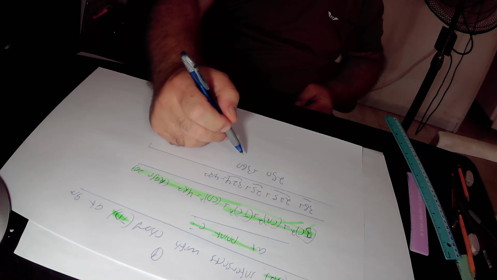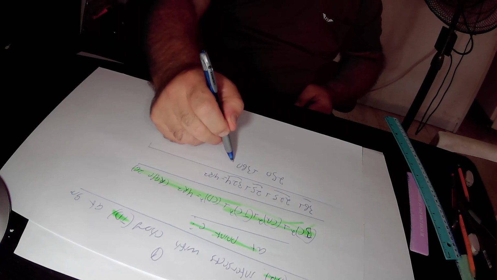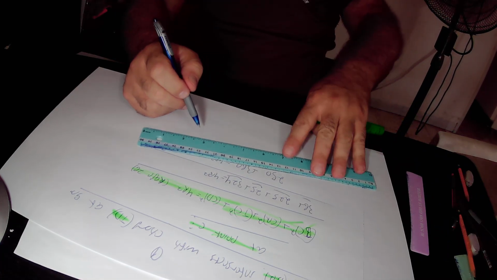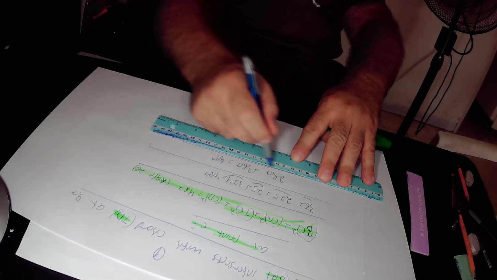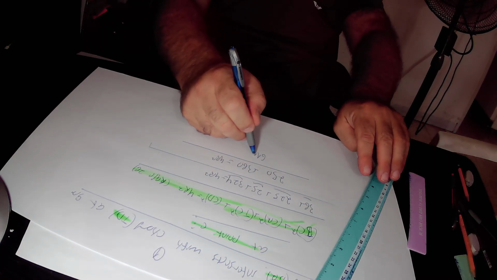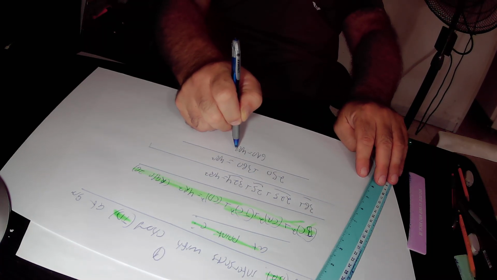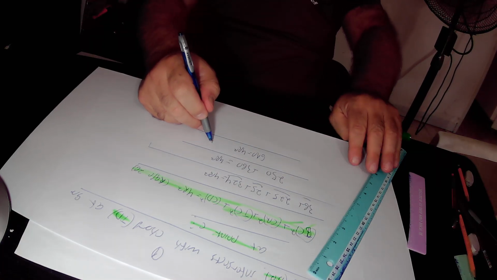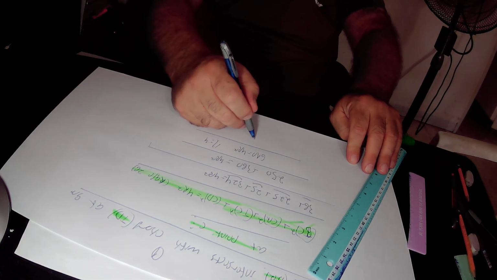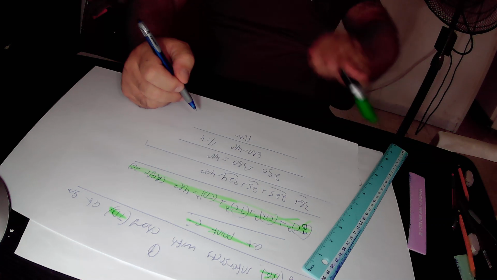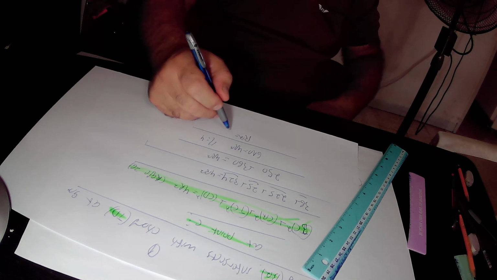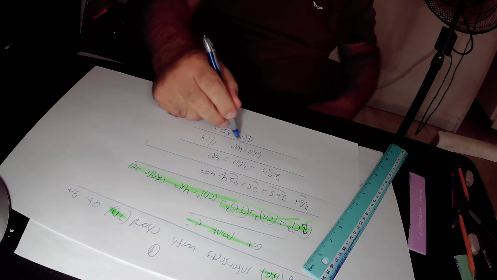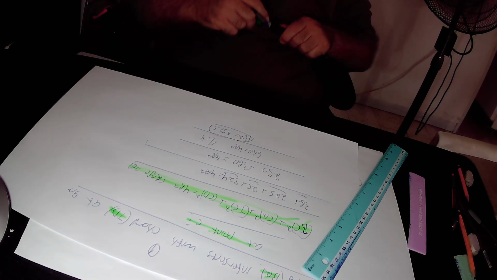So 250 plus 360 equals 4R square. 250 plus 360 is 610, so 610 equals 4R square. Here we divide this equation by 4, and finally get that R square equals 610 over 4, which is 152.5.